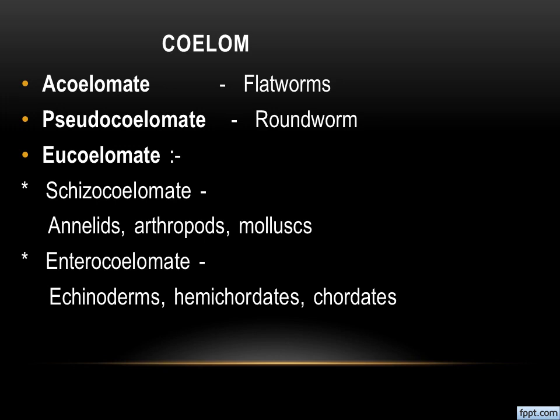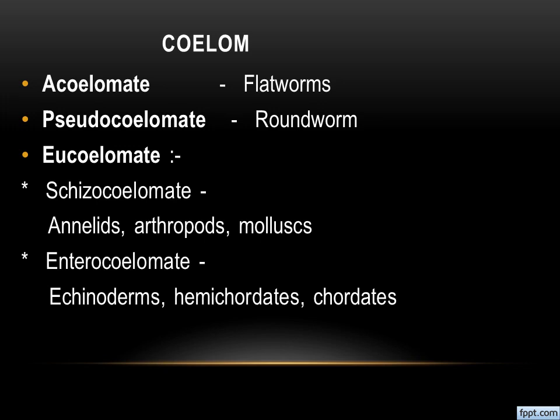That's why they said it is a false coelom. The word false is mentioned here as pseudo, right? So that's why this coelom is known as pseudocoelomate. Example, this kind of coelom is present in the phylum Aschelminthes. The first one Platyhelminthes, second one Aschelminthes. Example we can say roundworms, right?